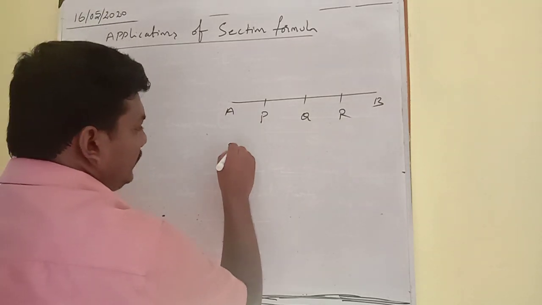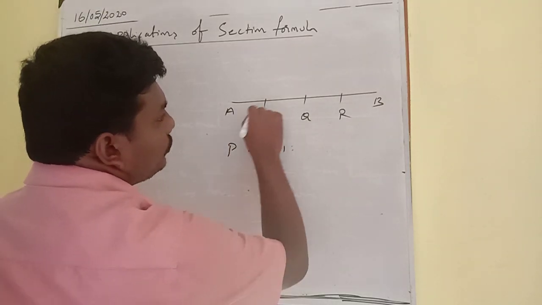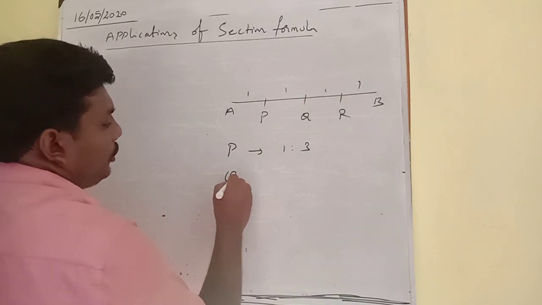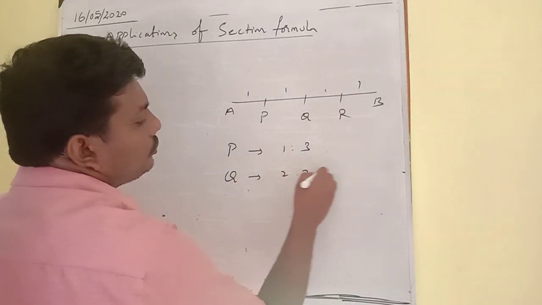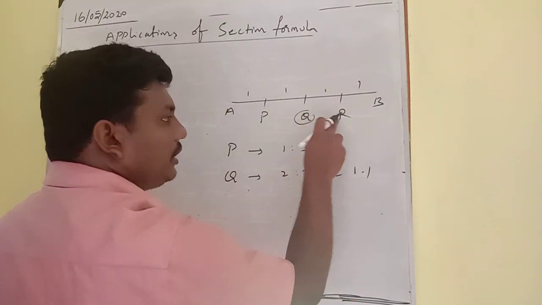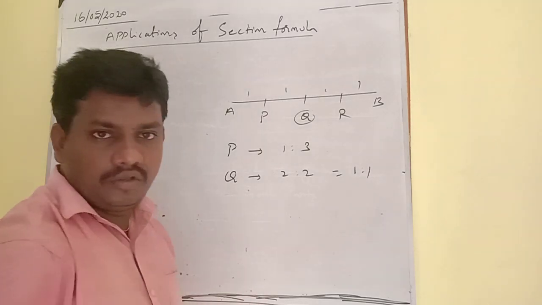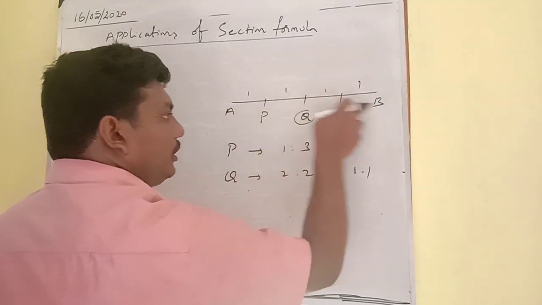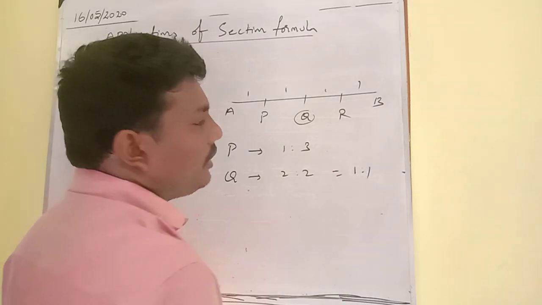Here P divides in the ratio of 1:3, and Q divides in 2:2, that is equal to 1:1. That is nothing but the midpoint. Q is the midpoint of PR and Q is also the midpoint of AB, because it is 1:1 ratio.